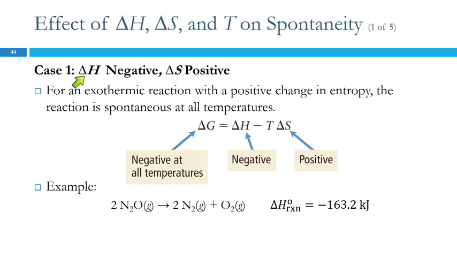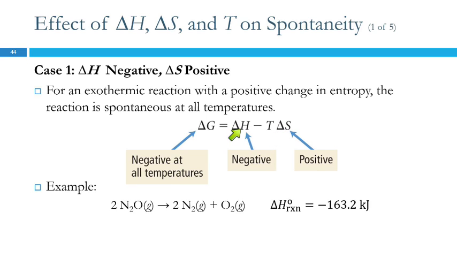You've got negative delta H and positive delta S. So this would be an exothermic reaction with a positive change in entropy. For this one, the reaction is going to be spontaneous at any temperature. Delta H was negative, delta S is positive.